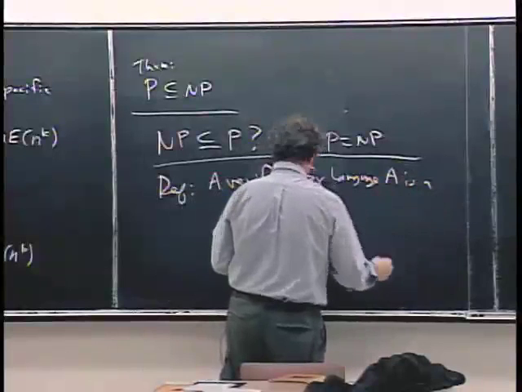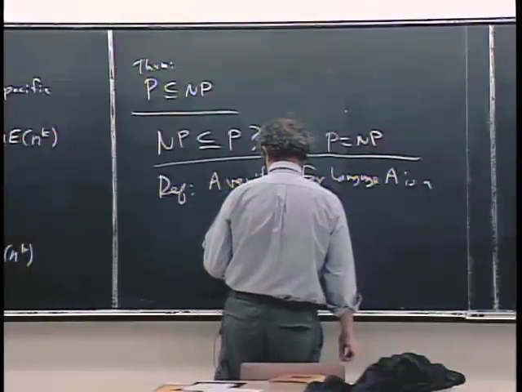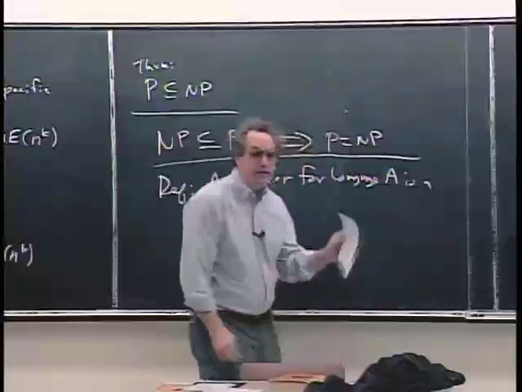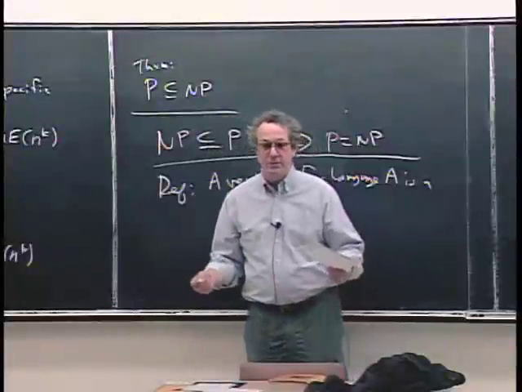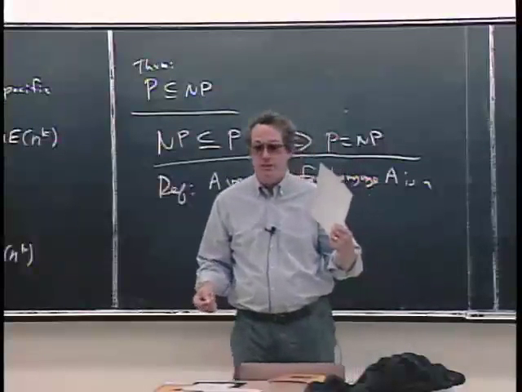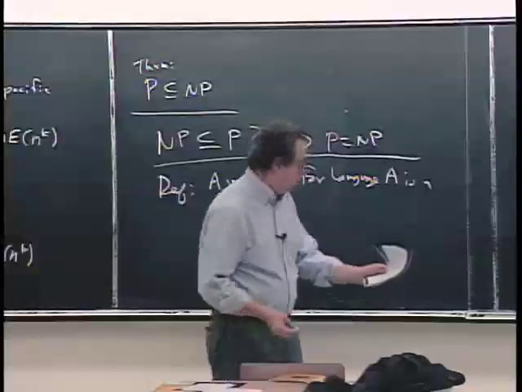Actually, that's funny, the book writes algorithm here, but the only thing we know about an algorithm in this book, in this course, is that an algorithm is something that can be implemented on a Turing machine, right? So I'm going to say Turing machine.